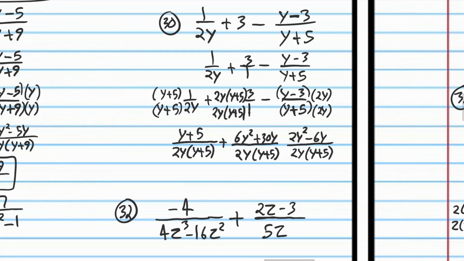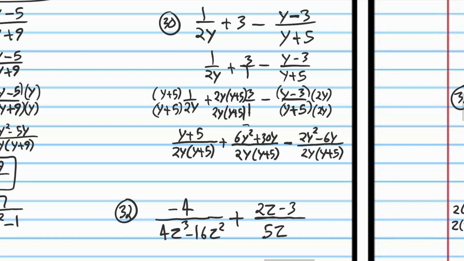Now we need to move this over a little bit, and we're going to put the subtraction sign there. Now it's extremely important that when you combine these, you realize that we're subtracting this fraction, which means that all of these signs are going to change. So this is going to change from a positive 2y squared to a negative 2y squared. And this is going to change from a negative 6y to a positive 6y.